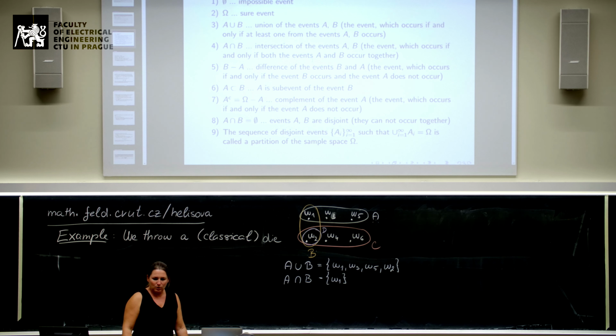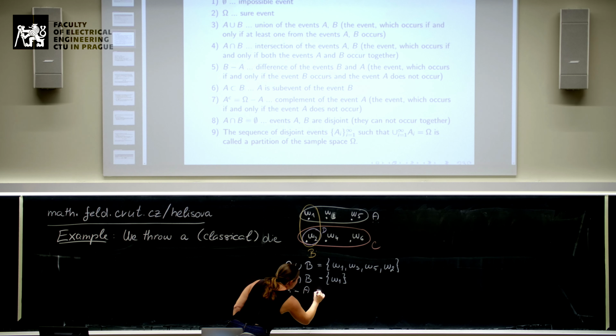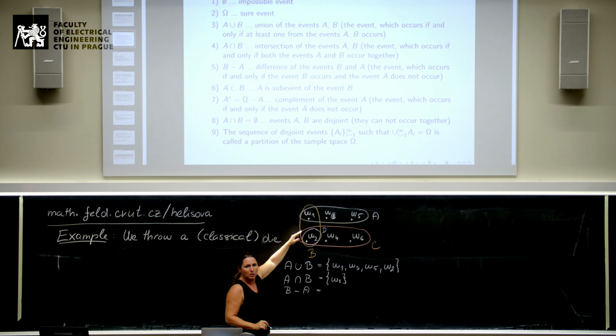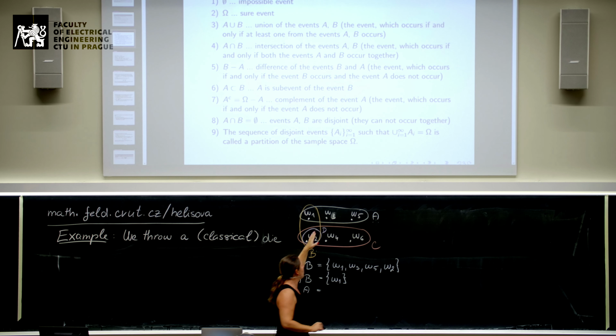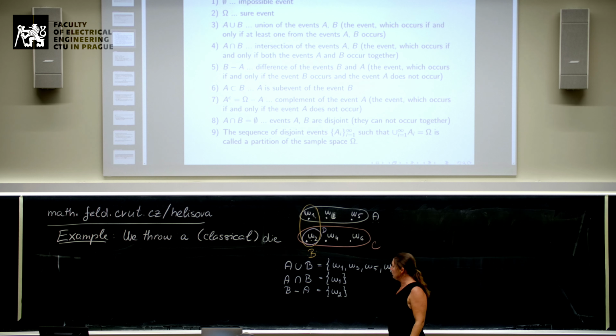We can consider also the difference of the events. So the difference of the events B minus A is the set of all elements belonging to B which don't belong to A. So all elements from B not belonging to A is the only situation, only one elementary event omega 2.